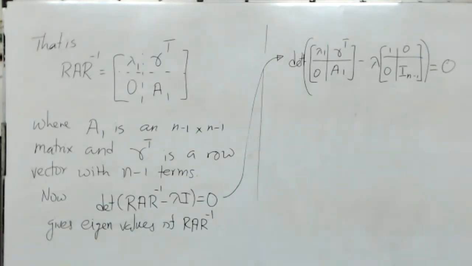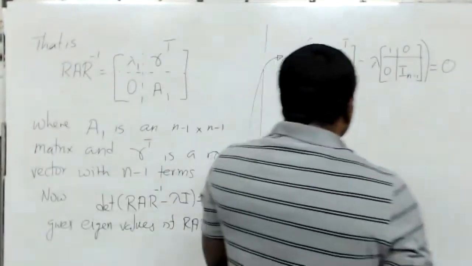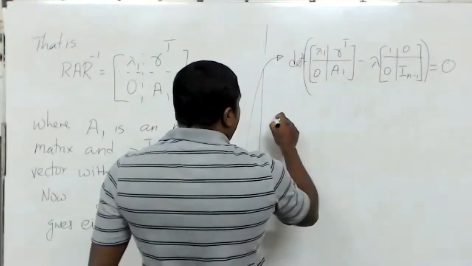Then lambda I, because you divide one there and the rest here, you end up with this. So this is equivalent to this.